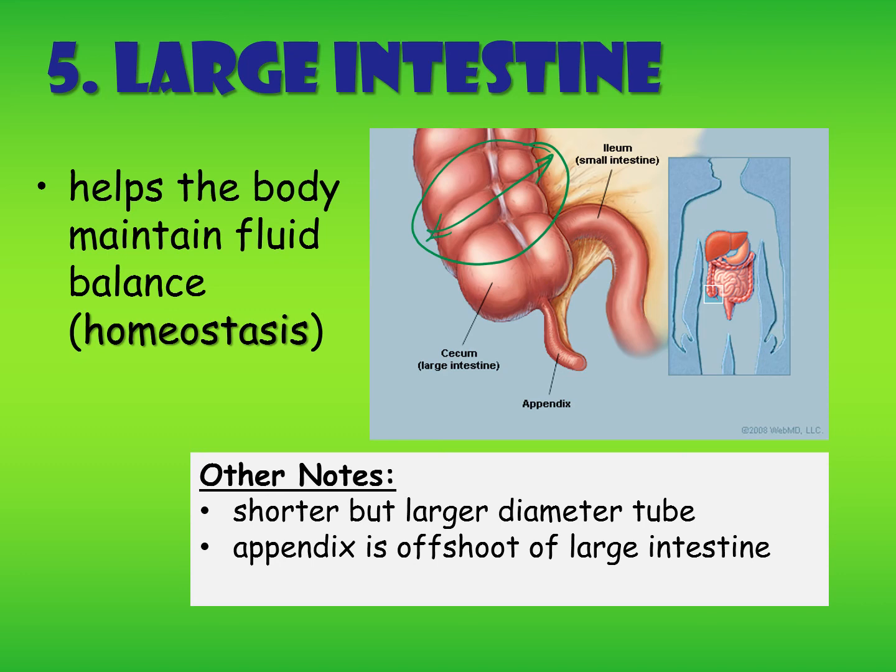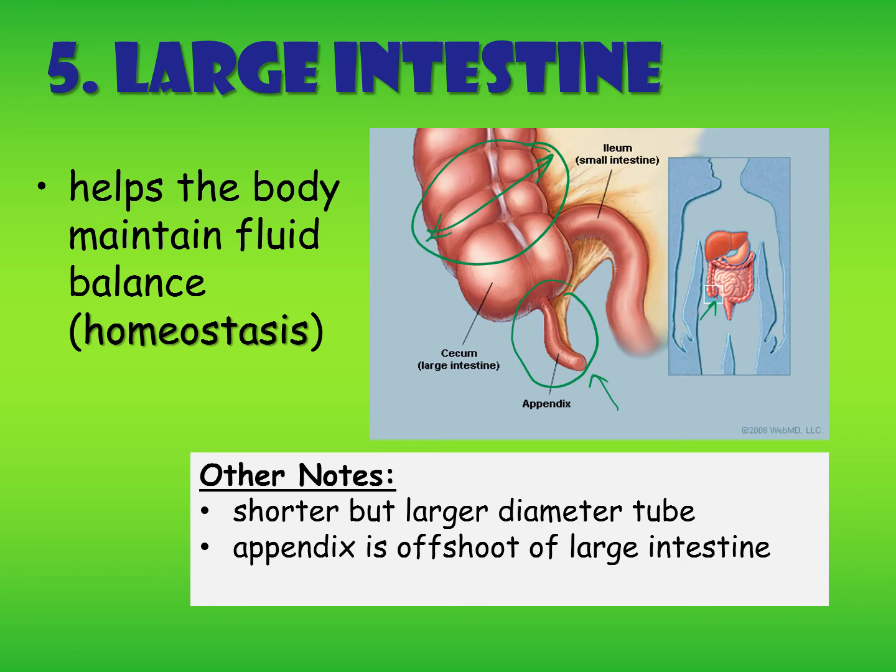And the other little trivia thing to know is that this is where our appendix is located. So our appendix is this little offshoot of the large intestine right here. And, you know, you can live without it. We don't think it has a function. It may have had a digestive function millions of years ago when humans had a different diet than we do today. But sometimes this can get infected.